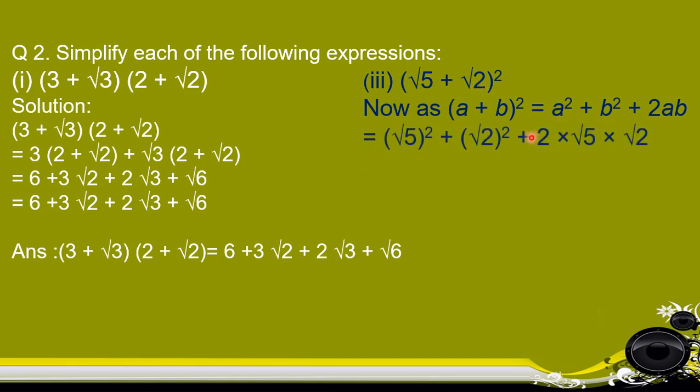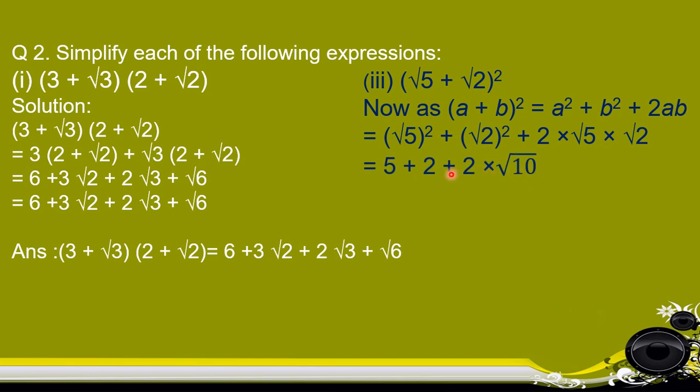Then we get (root 5) whole square plus (root 2) whole square plus 2 into root 5 into root 2. Now (root 5) whole square becomes 5, (root 2) whole square becomes 2, and root 5 into root 2 becomes root 10.